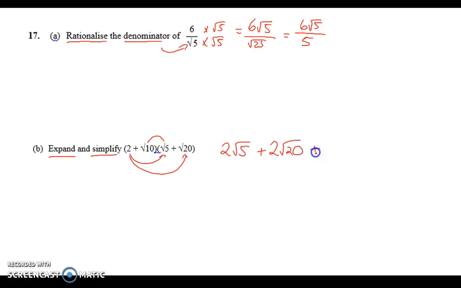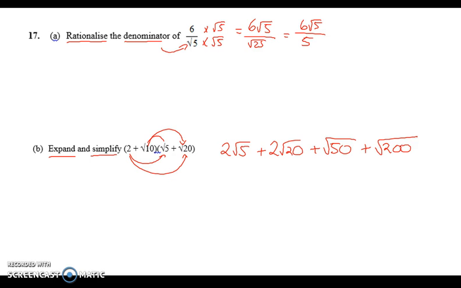Well, we just times those together. Put it underneath the square root sign, that's root 50. And then we've got root 10 times root 20. So that's going to be plus root 200. Okay, so expansion is done. Now we need to start simplifying things.